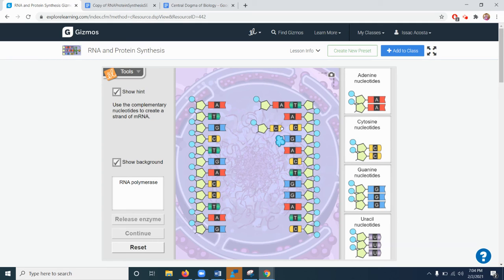So remember A with T, but this is the DNA, right? DNA to RNA, A pairs with a new special nucleotide right here. So I'm going to give you a chance to mess around with it, but you are constructing an mRNA molecule from DNA. Remember, you're making a copy of the information here into messenger RNA.